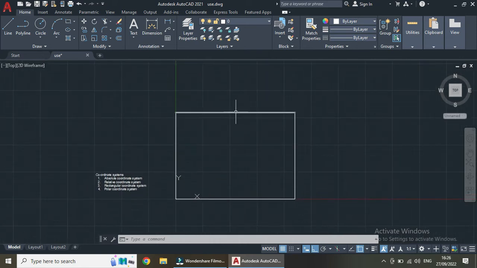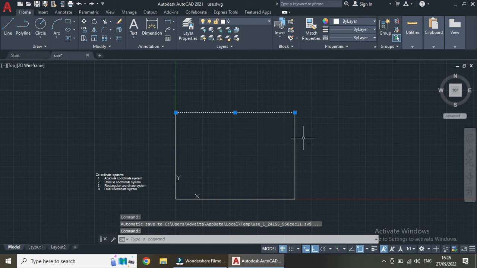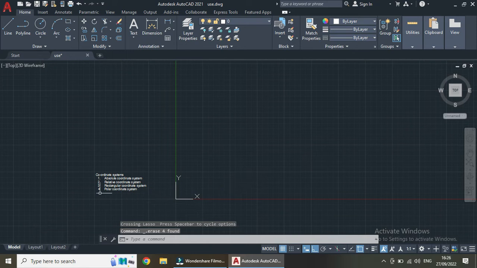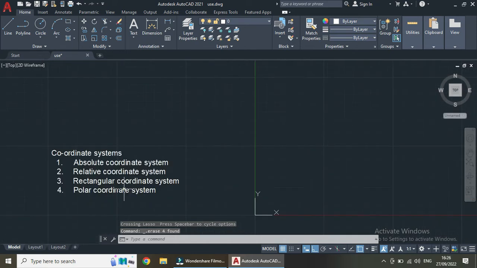Relative coordinate system. Name is showing that it's relative, means it will be relating by all previous number. So relative means what? Having the relation from one number to another.